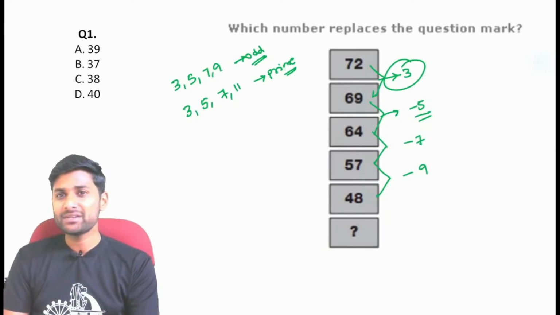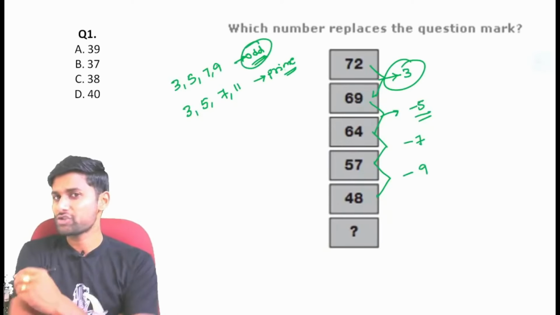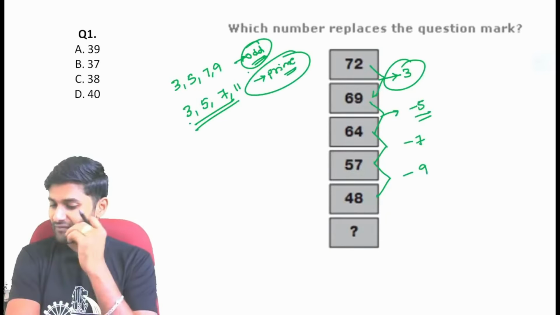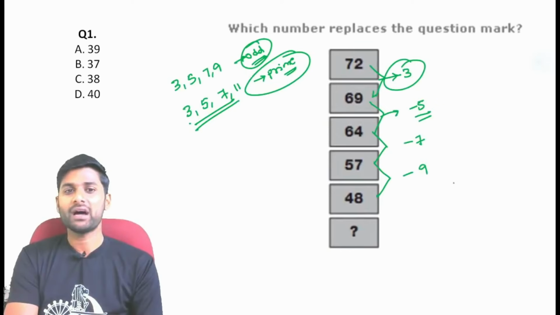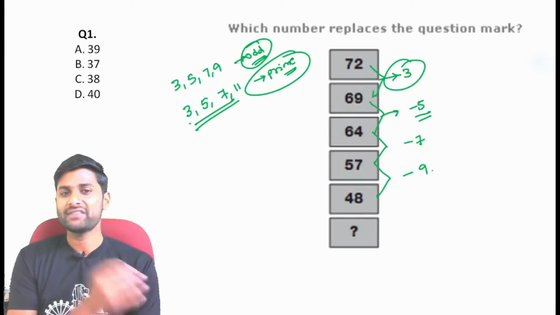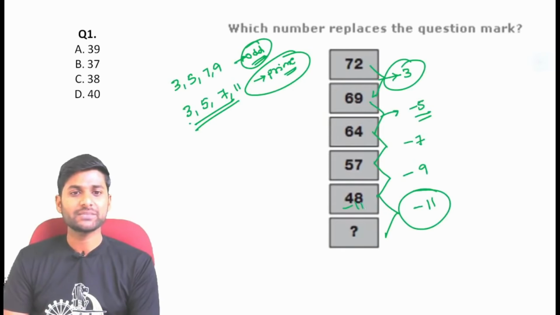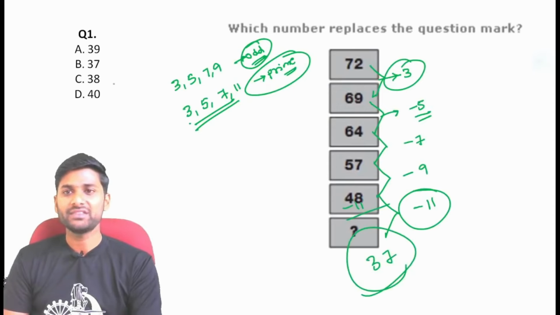If you see the numbers 3, 5, 7, 9, definitely they follow odd numbers. Sometimes the numbers are 3, 5, 7, 11, which are prime numbers. In this order, 3, 5, 7 represent odd numbers, and the next is minus 11. You just subtract 48 minus 11, so the value becomes 37.